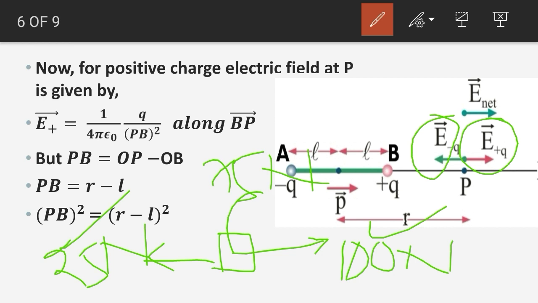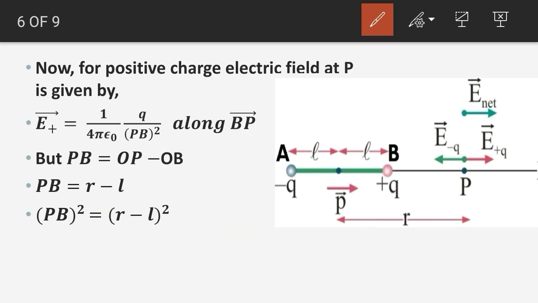Clear? So here in this case also you have two charges, you have two types of electric field, E plus and E minus. Then we first have to decide which one is greater, whether it is E plus or E minus. So first we have to calculate E plus and E minus.